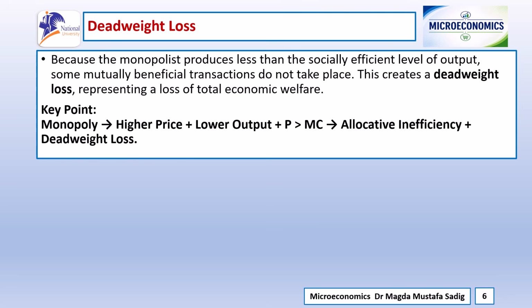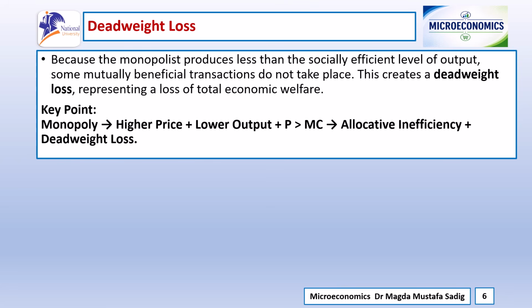So deadweight loss, as I told you, when we look at the graph related to deadweight loss, we said that the important comparison is between the quantity produced under monopoly and the socially efficient level of output.